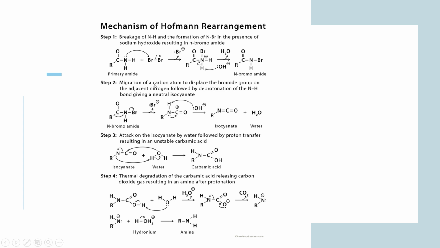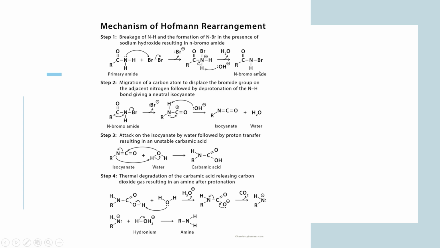First of all, we are treating the amide with bromine. So amide, NH2 of the amide is containing lone pair of electrons. So it will undergo nucleophilic attack on the bromine, and one Br minus will be knocked out in the reaction.